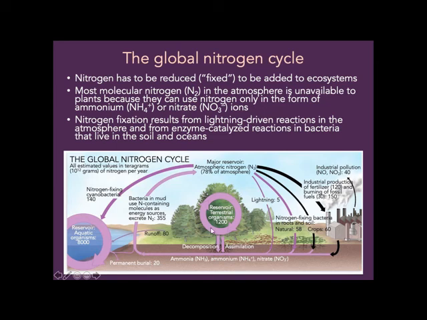Inland, the reservoir would be in the trees and the other plants and things like that. So terrestrial organisms are hanging on to nitrogen, and then they die, and the nitrogen gets assimilated into the ground and can become ions again. These ions can be taken up by new organisms, so that's a thing that happens.